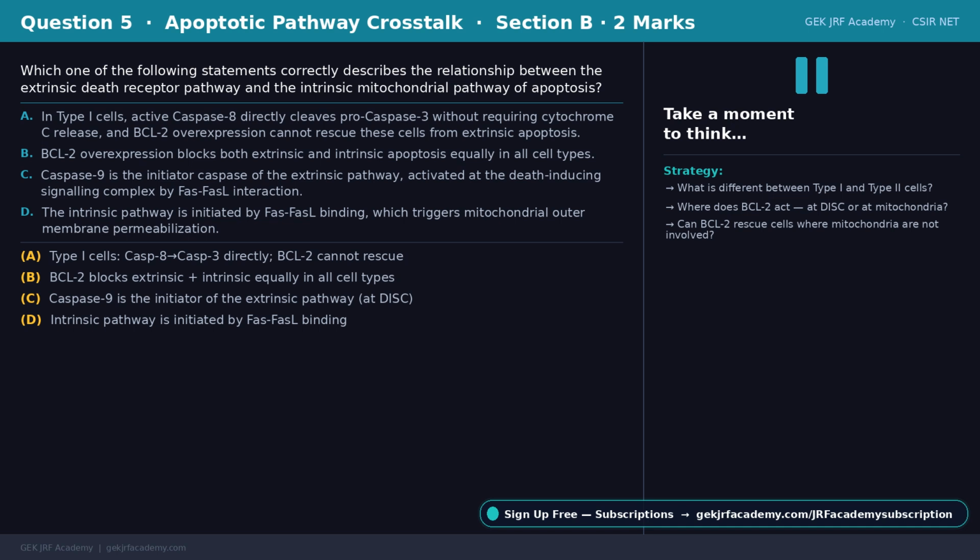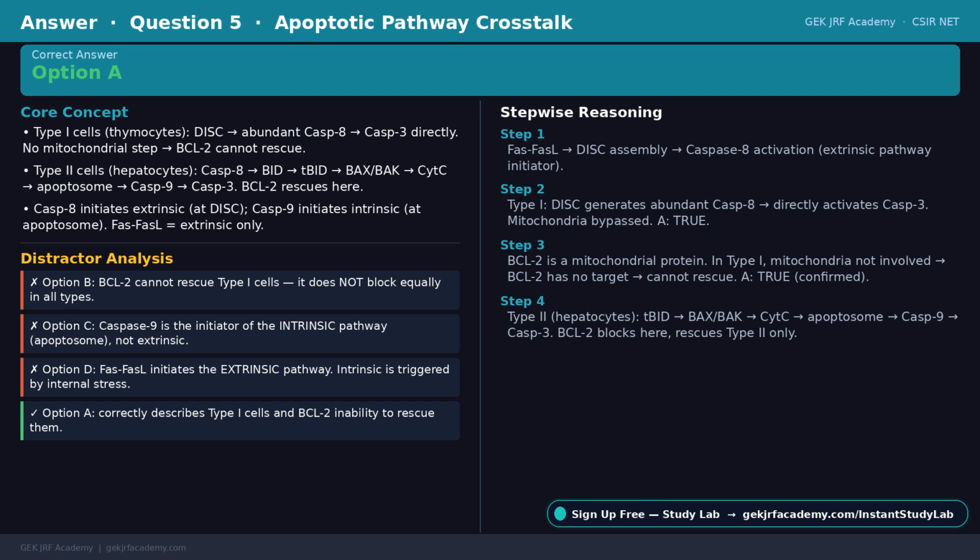Option C. Caspase 9 is the initiator caspase of the extrinsic pathway, activated at the death-inducing signaling complex by Fas-Fas ligand interaction. Option D. The intrinsic pathway is initiated by Fas-Fas ligand binding, which triggers mitochondrial outer membrane permeabilization.